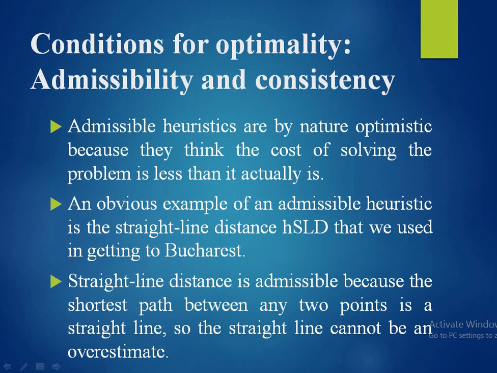So straight line distance is admissible because the shortest path between any two points is a straight line, and as the straight line cannot be an overestimate, it is admissible.